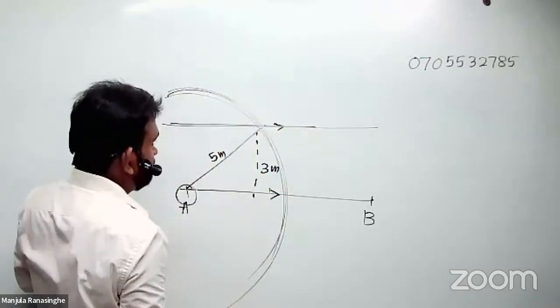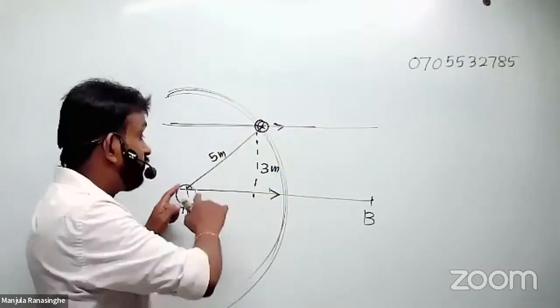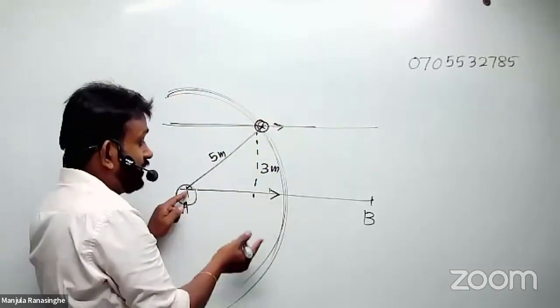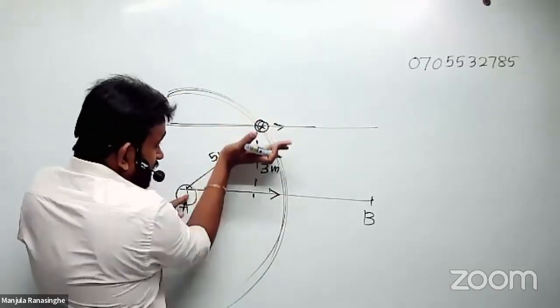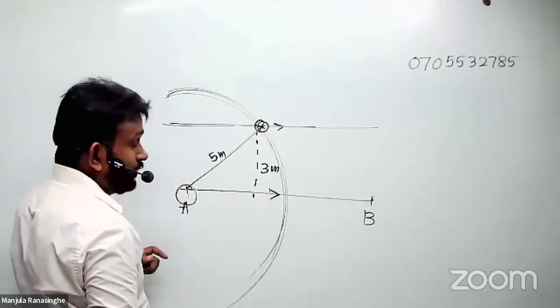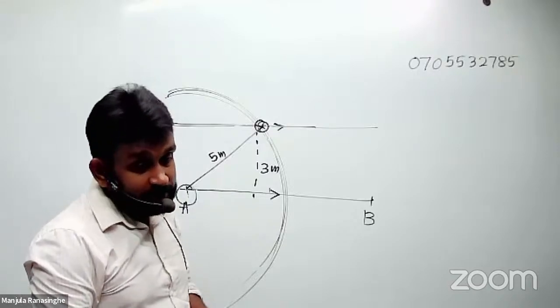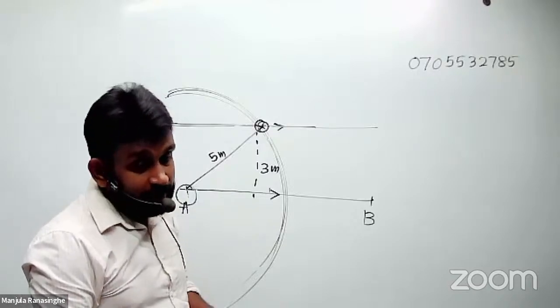So the points which satisfy both conditions are where the circle intersects the parallel line. That's the point we have on the parallel line.